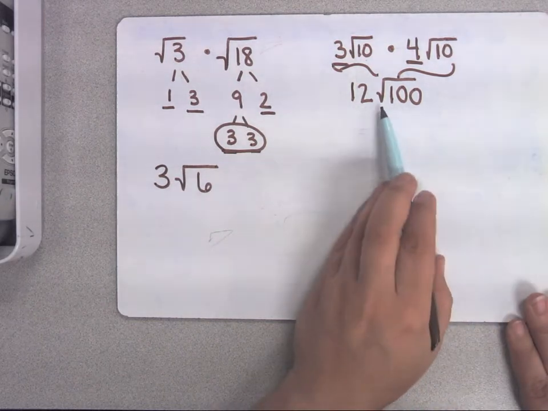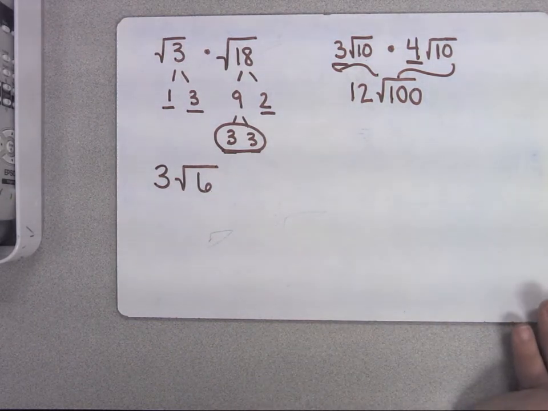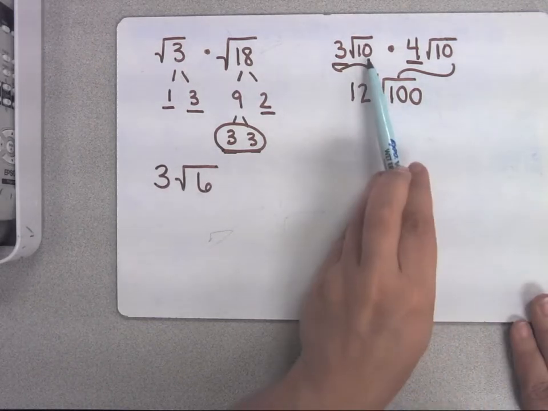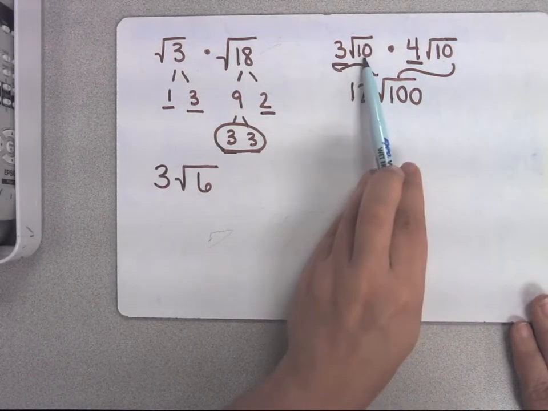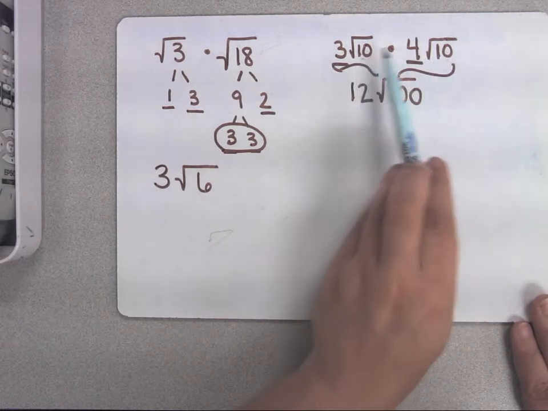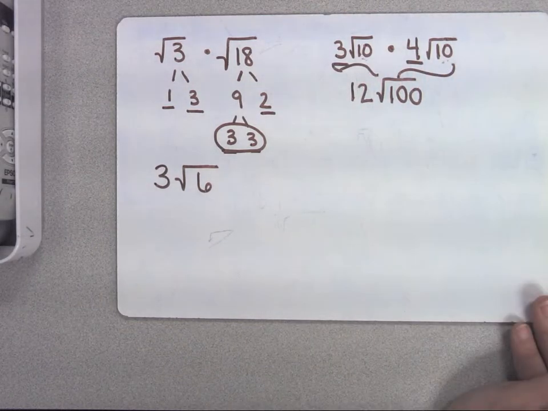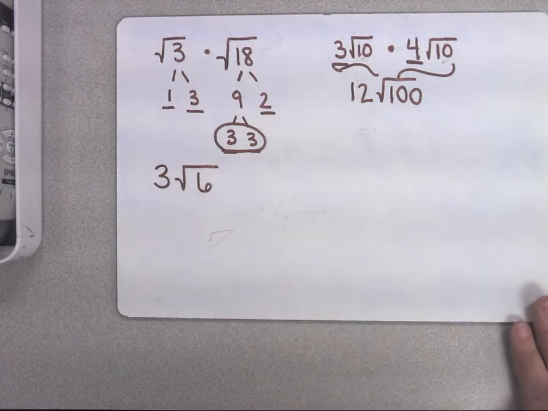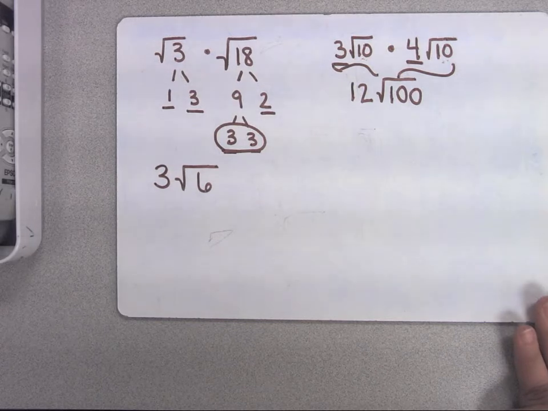Now, that's 12 times square root of 100. So first we ask ourselves, is the square root of 100 a whole number? Does something times itself make 100? Ten times 10. So either try it, type this in, 12 times the square root of 100. Type that in your calculator. If you get a whole number answer, that means it's ready to go. If not, we'd have to break it down.